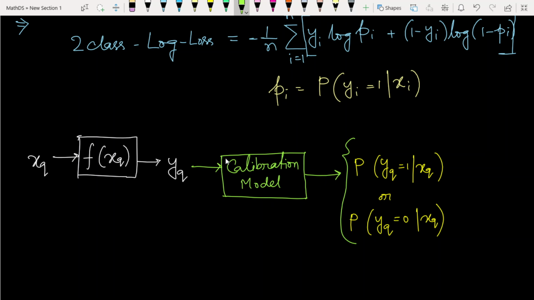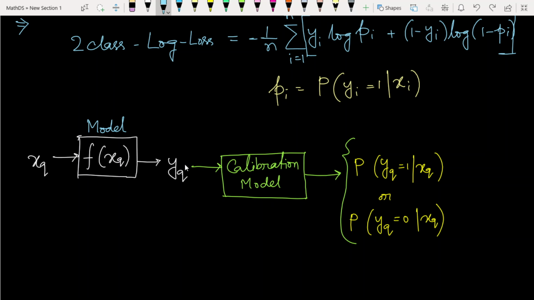This is a simple ML model, and it is called the calibration model. Since the original model gives only the output 0 or 1, it will not give any probability value for the corresponding output.